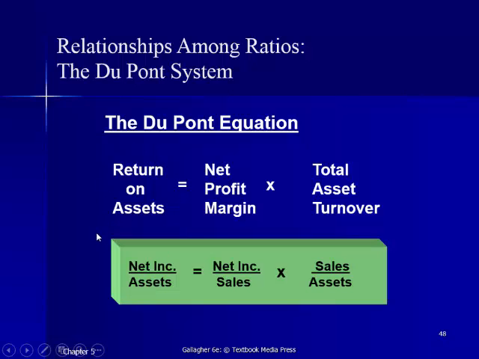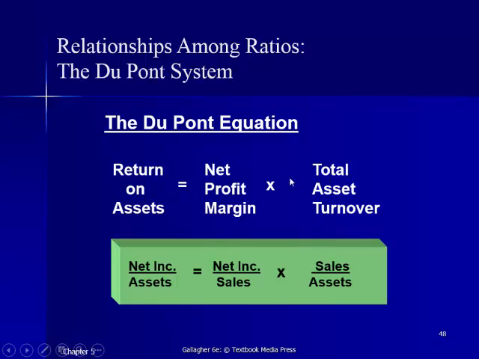So a firm could have a high net profit margin and a modest total asset turnover ratio, such as a jewelry store, and have a reasonable return on assets. Another firm, such as a grocery store, might have a very small net profit margin and a very high total asset turnover.